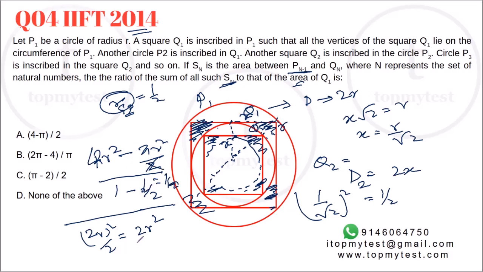So you'll get 4r square minus pi r square divided by 2r square. This will result in 4 minus pi divided by 2. Option A will be your correct choice. Be a little patient. It solves itself in 2.5 minutes. Job done.